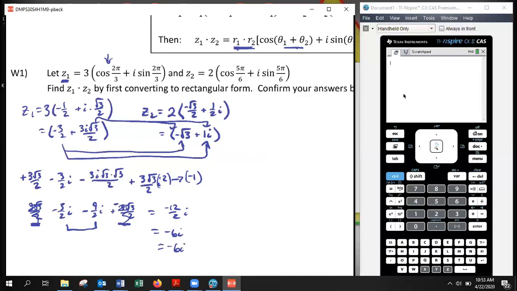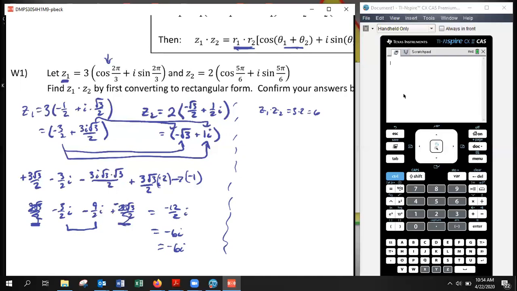And so let's look at that on the polar level. On the polar level, if we multiply the two radii, or the two moduli together, 3 times 2 is 6. So z1 times z2, we multiply those two together: 3 times 2. And then let's add our angles.